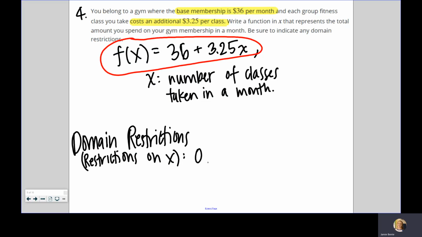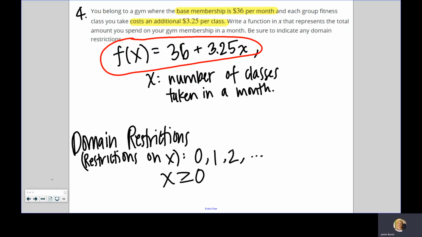You could take 0 classes. You could take 1 class. We wouldn't include numbers like a half a class or 1.5 classes, because even if you left in the middle of a class, they're still going to charge you for the whole class. So numbers like 0, 1, 2, those would make sense to be plugging in, and so on. So we would say that x has to be greater than or equal to 0. So that's our restriction on x.